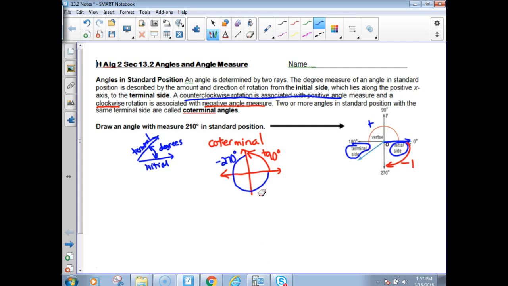Those are coterminal. They're terminating at that same spot. The terminal side for both of them is that ray, and their initial side was both the positive x-axis. One angle was positive, one angle was negative. Those are called coterminal. Now, how do I get it? You can get it by doing 90 minus 360, and that's negative 270. So those are coterminal angles.